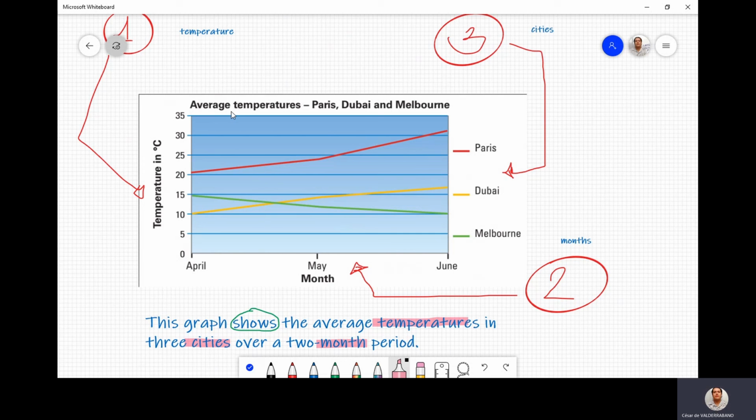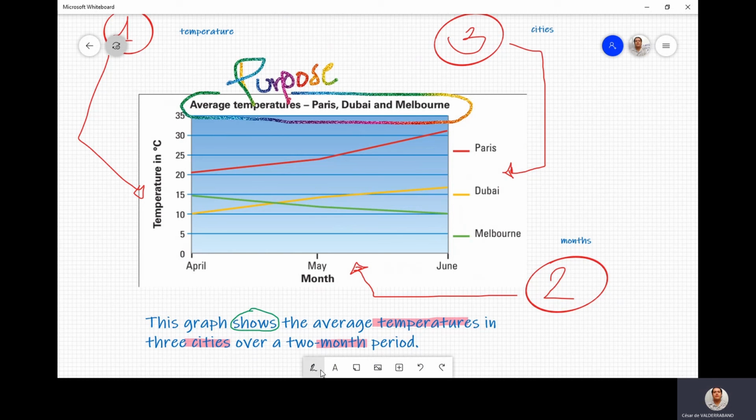And another thing that is very important is to identify the purpose. You can see it over here. It's always in the title. So with this, we can give you the three most important elements when we describe graphs.